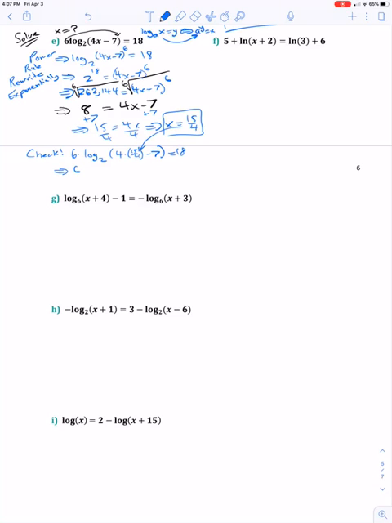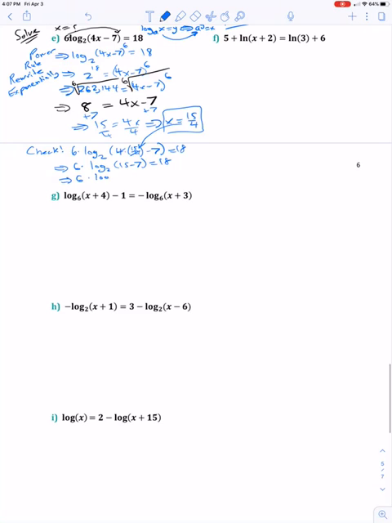As we simplify, the 4's cancel out, and that's 15 minus 7, which gives 6 times log base 2 of 8. And we all know what log base 2 of 8 equals: 2 cubed is 8, so that is equal to 3. And we get 18 equal to 18. It checks. So you can take that time and check it.